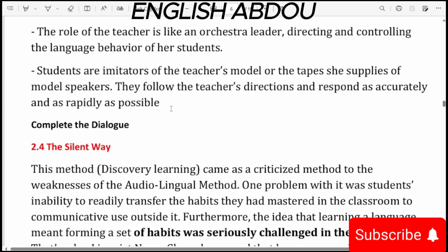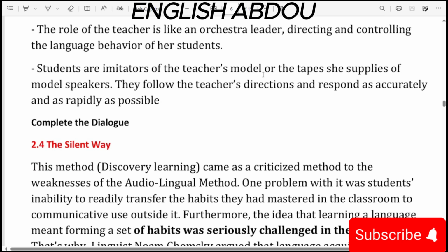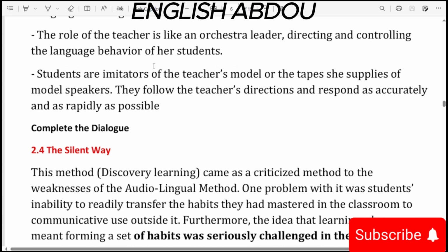Students are imitators of their teacher's model, or the tapes she supplies of the model speakers. They follow the teacher's direction and respond as accurately and rapidly as possible. So this is the audiolingual method.